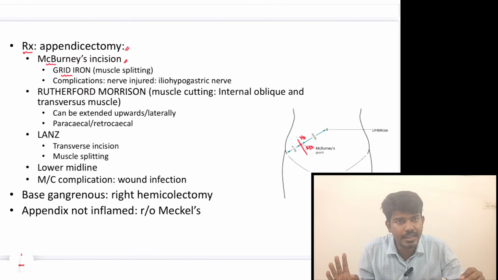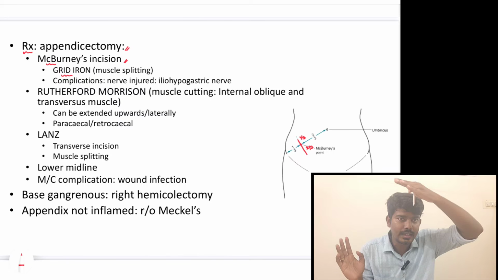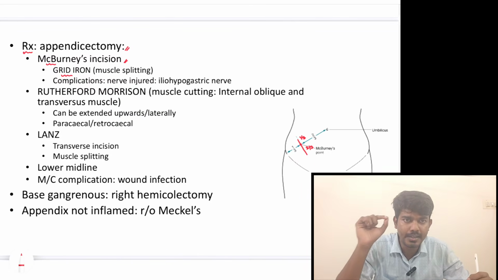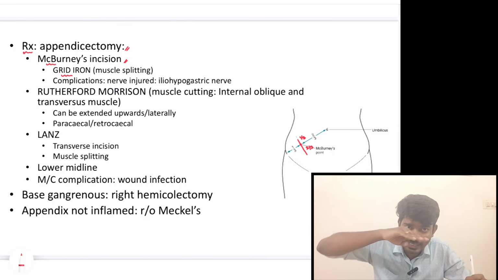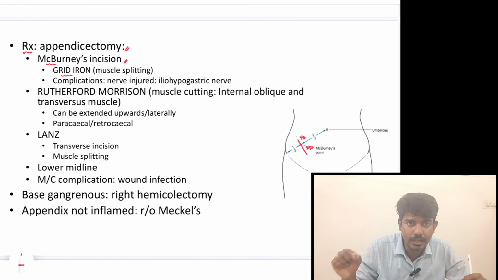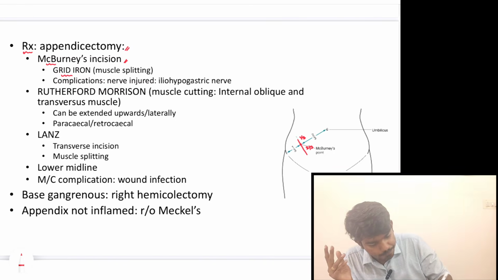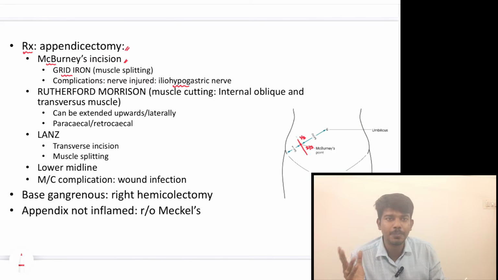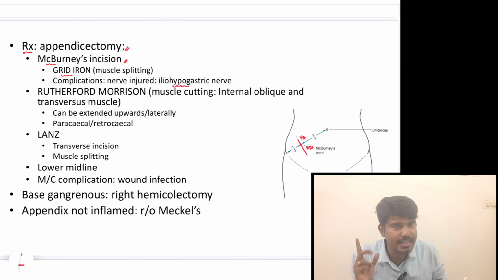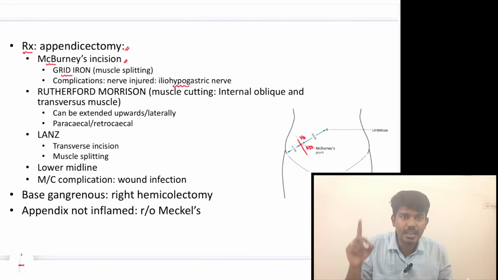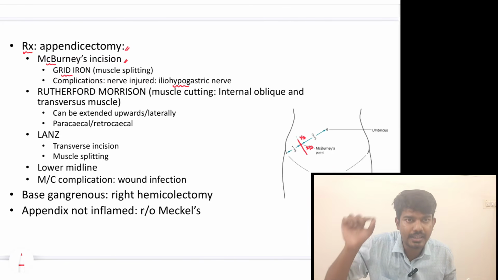So what is the complication of this? What happens if we put the incision at McBurney's, perpendicular at this place? We may or may not injure the ileohypogastric nerve. This ileohypogastric nerve supplies the abdominal muscles. So ileohypogastric nerve injury can cause direct inguinal hernia.